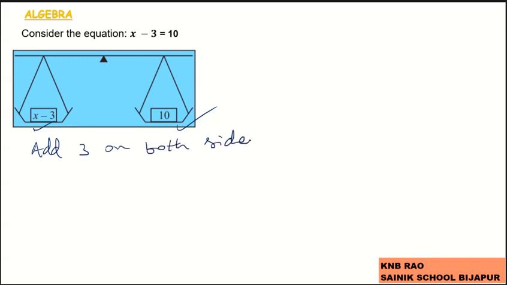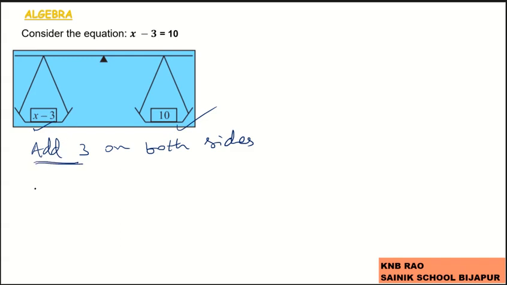Why should I add? Tell me, children. Because there is a 3 shortage, that is, minus 3 says there is a 3 shortage. When there is a shortage, we will supply.